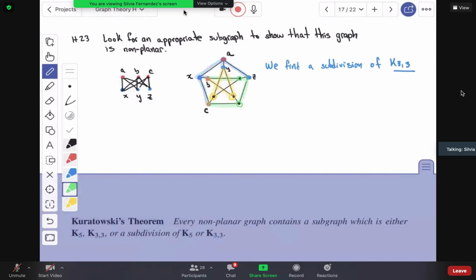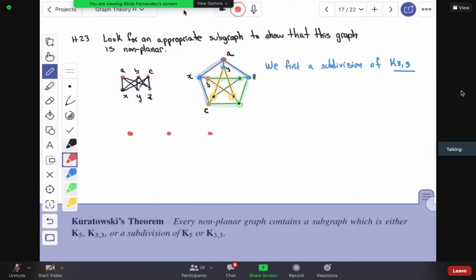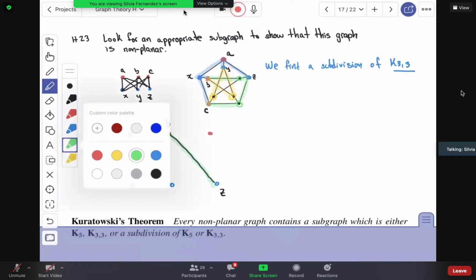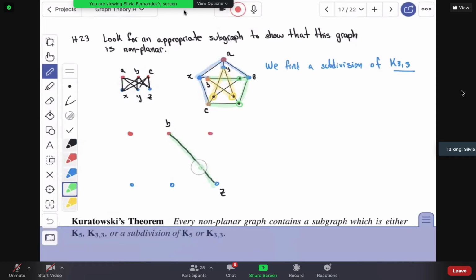So if I were to make my graph here larger, what that means is that this edge, you see this edge right here, the Z one, is actually a green one with a point here that I use as a subdivision.